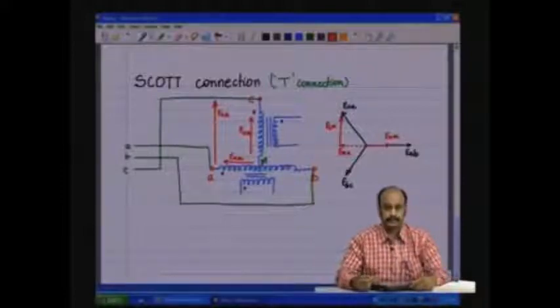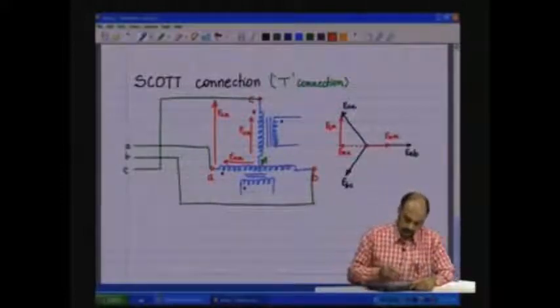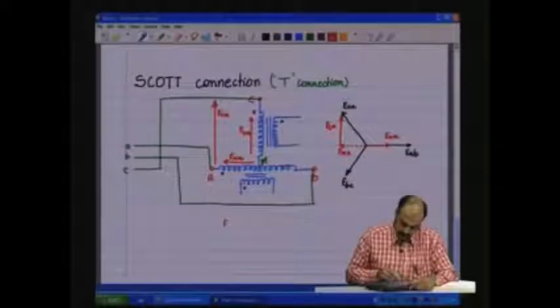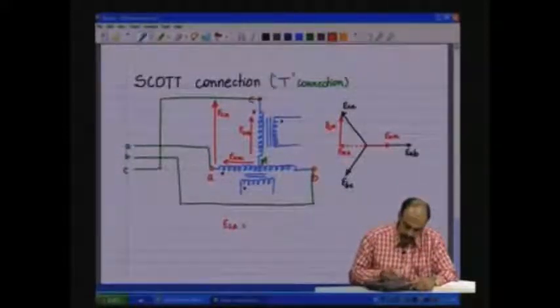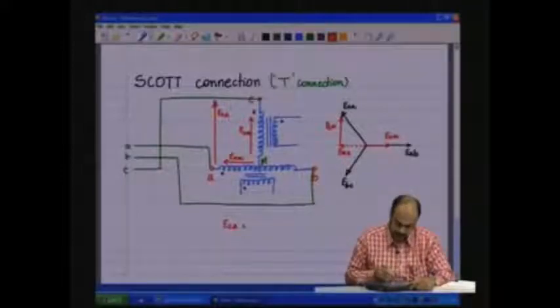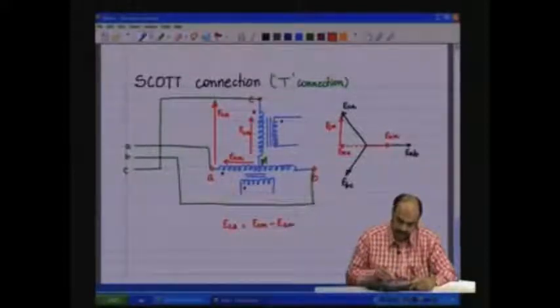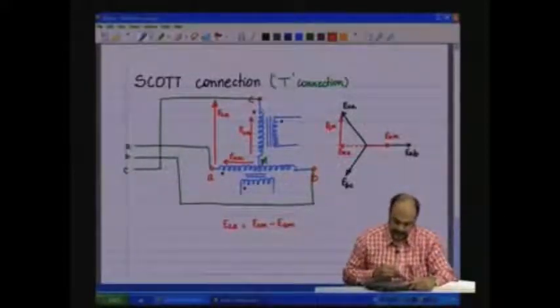Are you getting it? ECA equals, look at the Kirchhoff voltage law along these marked things, ECM minus EAM. Look at the arrow direction.